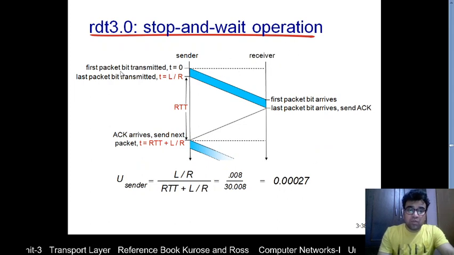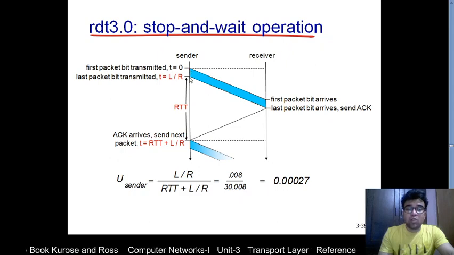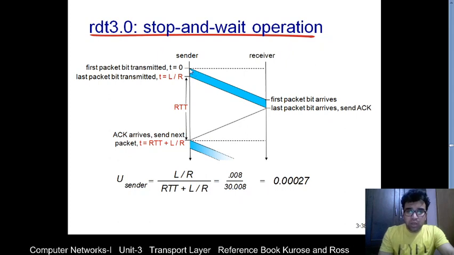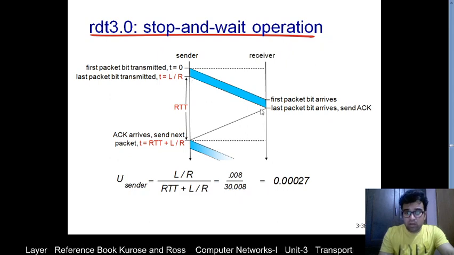So you can understand this particular thing with this particular diagram, where you can see sender is there, receiver is there, first packet bit transmitted at t equals 0, and this is the time required by the sending side to transmit all the bits into the link. You can see this is the time which starts from this point to this point. This is called L by R, and this is the time from this point to this point.